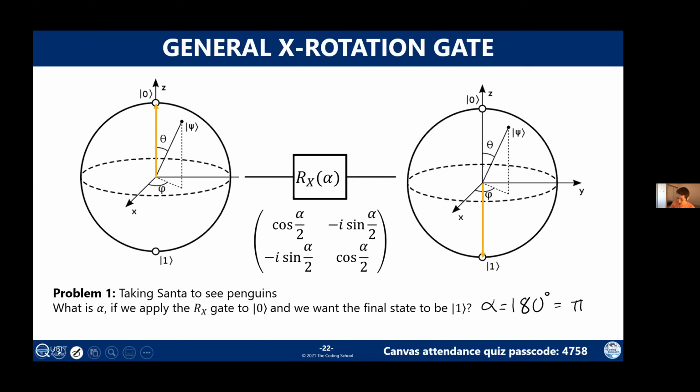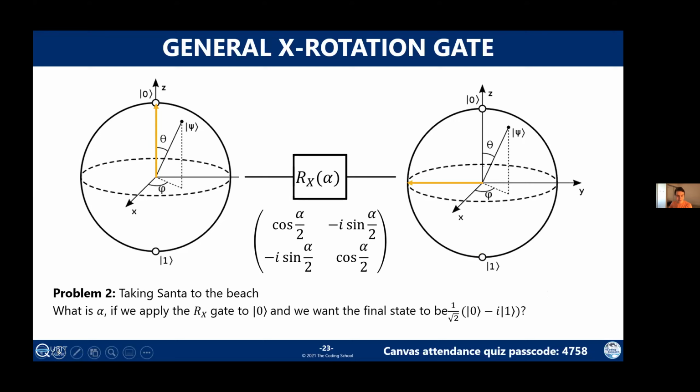Okay, let's look at another problem. We'll call this one taking Santa to the beach, which means we want to start in the ket 0 state and end up on the equator, right? There's lots of beach destinations on the equator. So here again, imagine putting a stick through a globe along the x-axis and spinning the globe around. How much do you need to spin it to move this arrow down to this arrow?